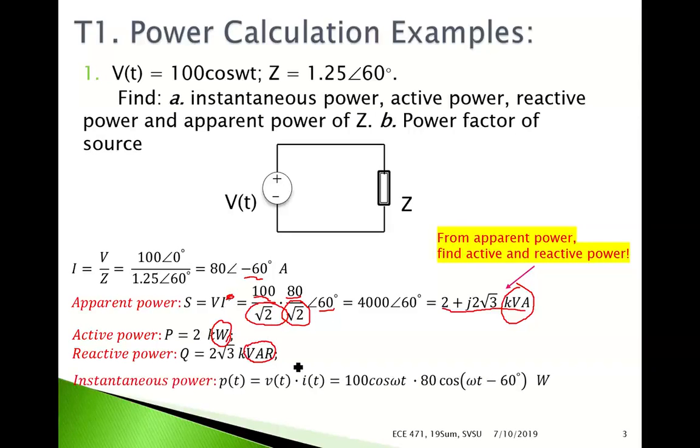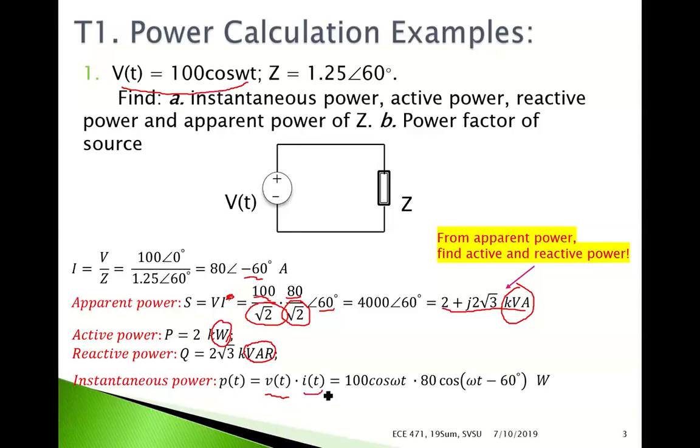The last power we need to find is the instantaneous power, which is equal to the product between the voltage time function and current time function. So the voltage time function is already given here.